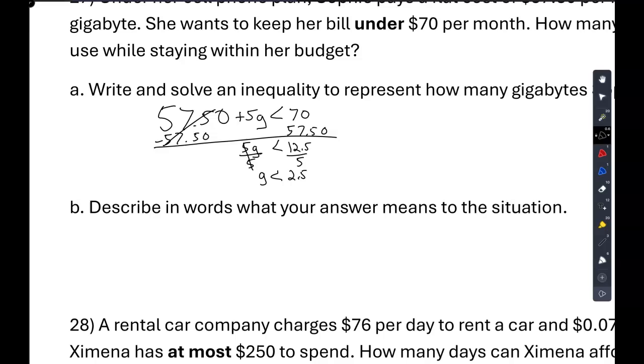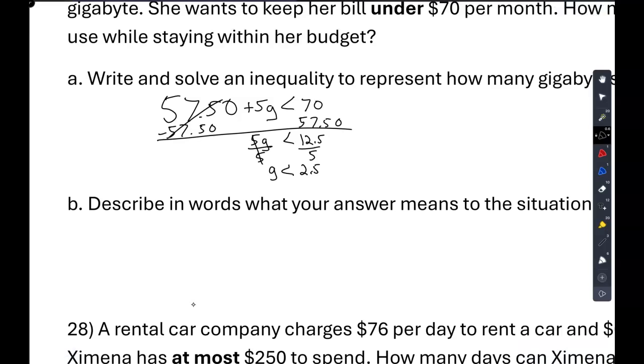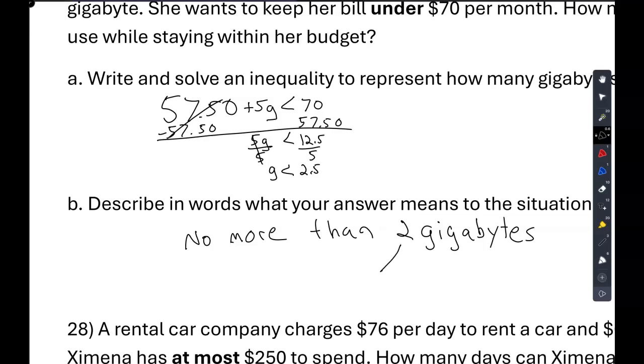I really don't know how you can buy gigabytes, but if you have to buy them as a whole gigabyte, then it would have to be no more than 2 gigabytes. Now, if you could buy them partially, then it's no more than 2.5 gigabytes. However you sell gigabytes.